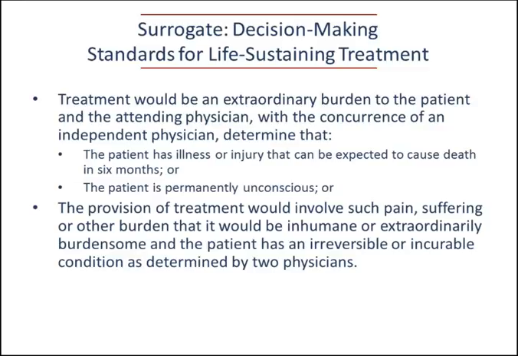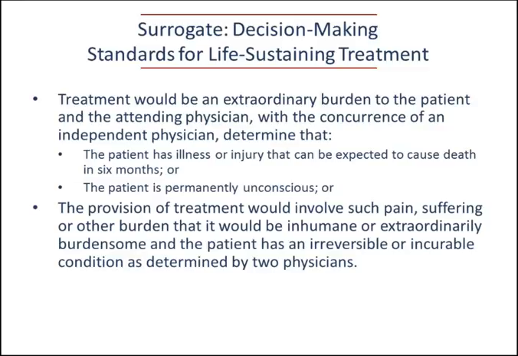So that's standard one. Standard two, the provision of treatment would involve such pain, suffering, or other burden that it would be inhumane or extraordinarily burdensome, and the patient has an irreversible or incurable condition as determined by two physicians.